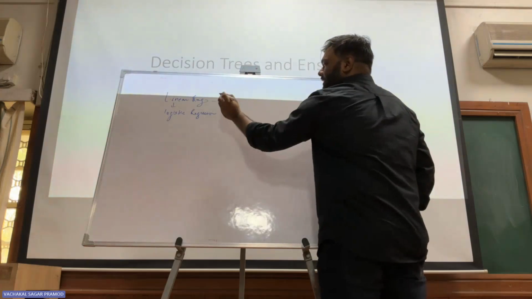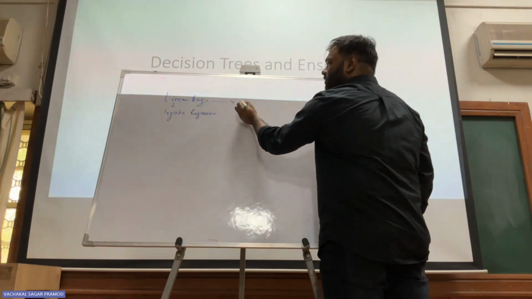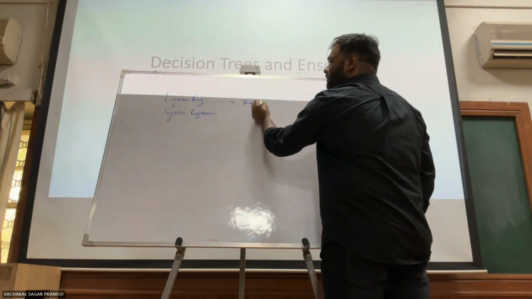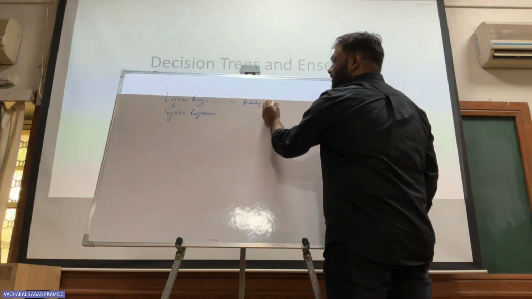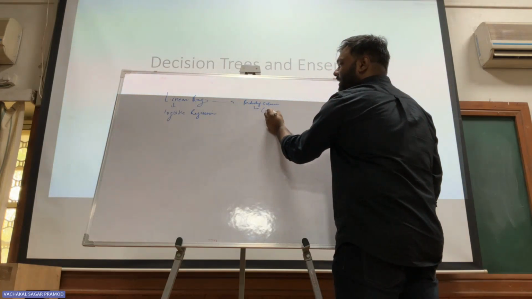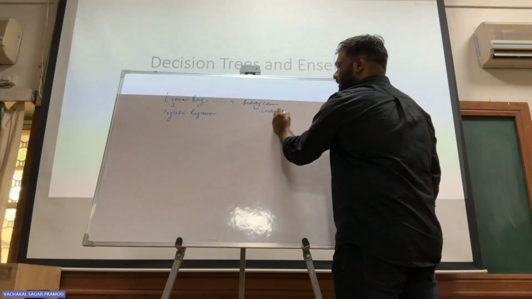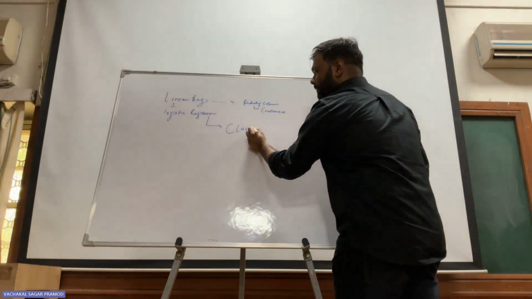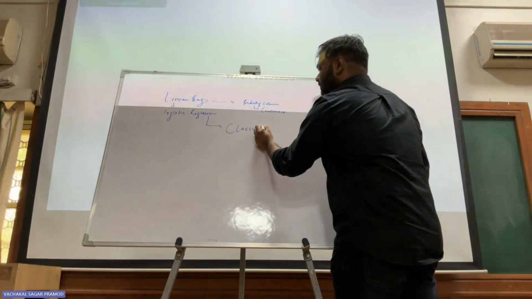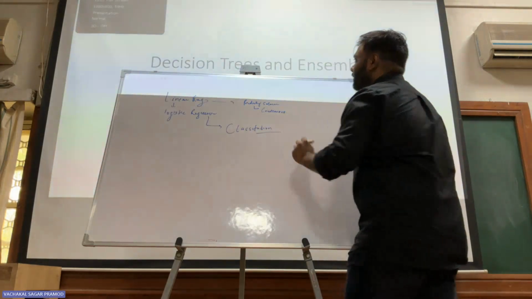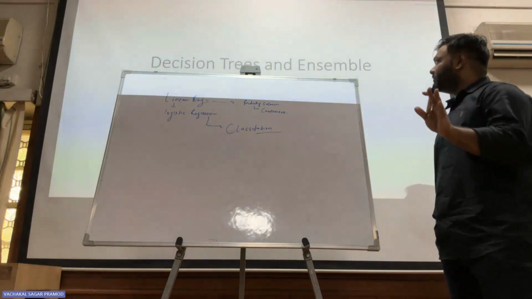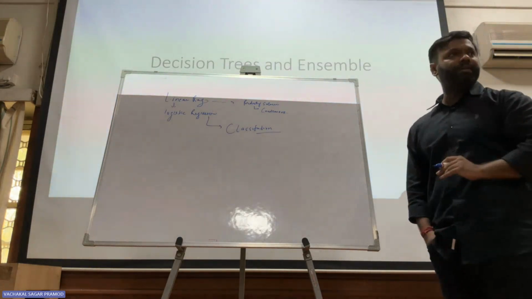We already know that linear regression was for regression problems, basically for predicting sales, for example, or anything which is in continuous form. And logistic regression was basically for classification. Now we're going to see a totally different kind of algorithm, which is known as decision trees and ensemble methods.